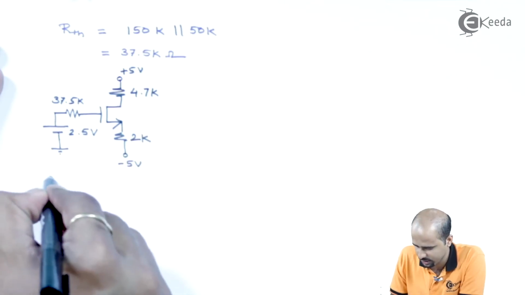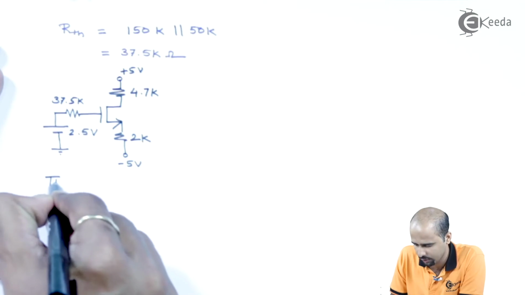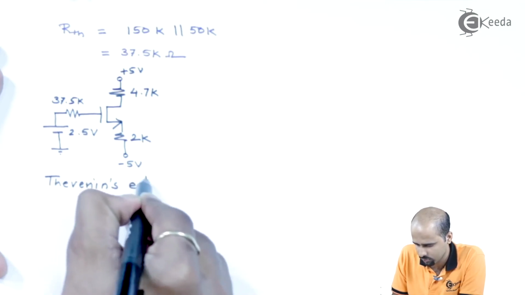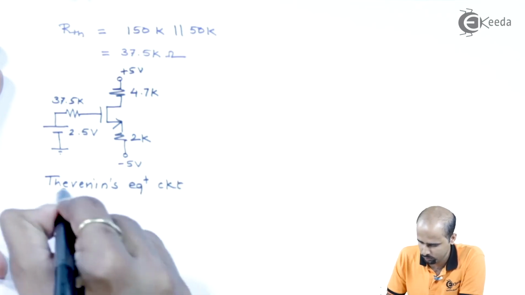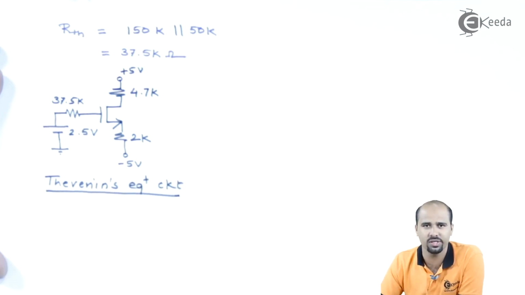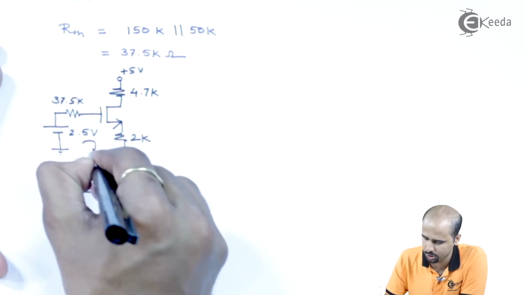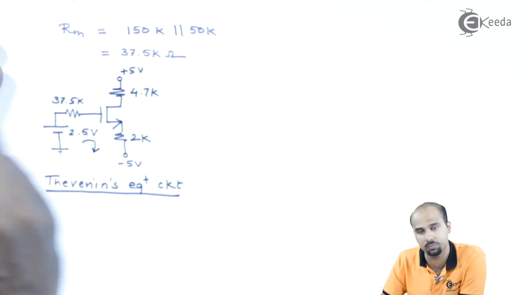So here we will say this circuit is nothing but the Thevenin's equivalent circuit, right? Then proceed further for calculation of VGS. We will start from the input KVL.